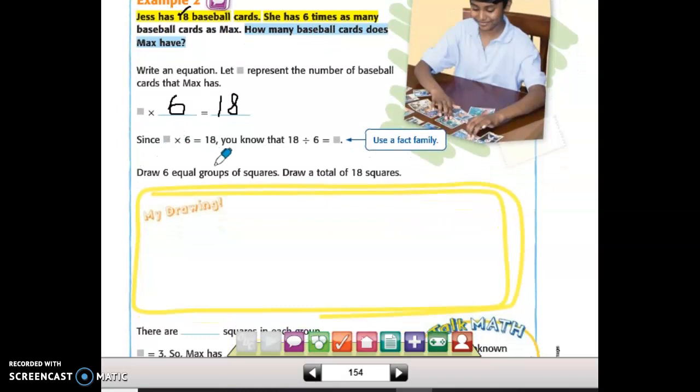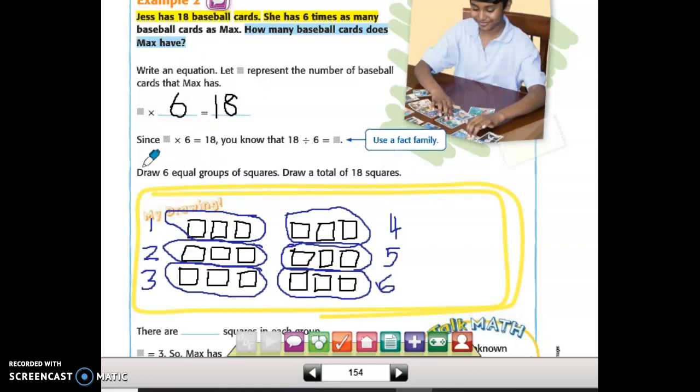But it asks us to draw 6 equal groups of squares, drawing a total of 18 squares. So I did that. I followed the directions. Draw 6 equal groups of squares. So I had 1 group, 2 groups, 3 groups, 4 groups, 5 groups, 6 groups. And I kept going until I hit 18 squares, just separating the 18 out into my 6 groups.